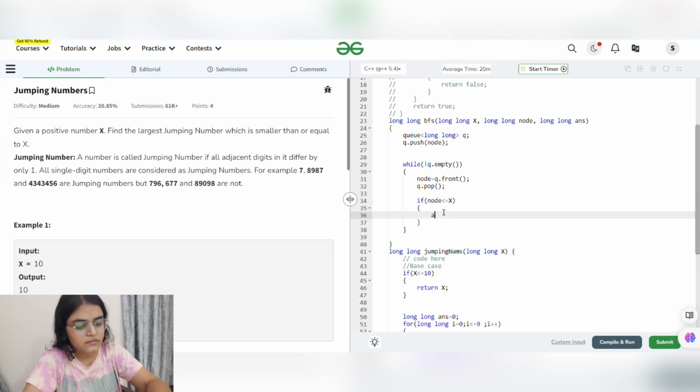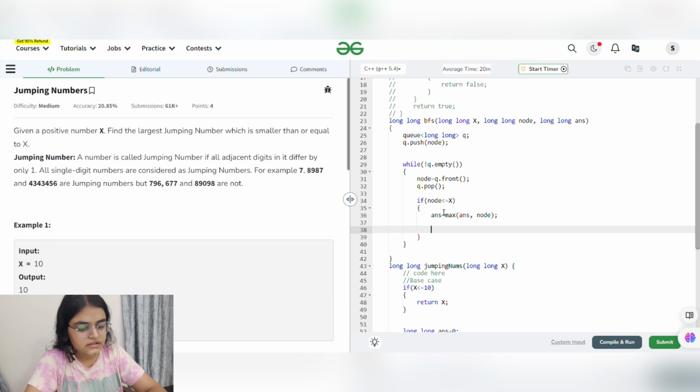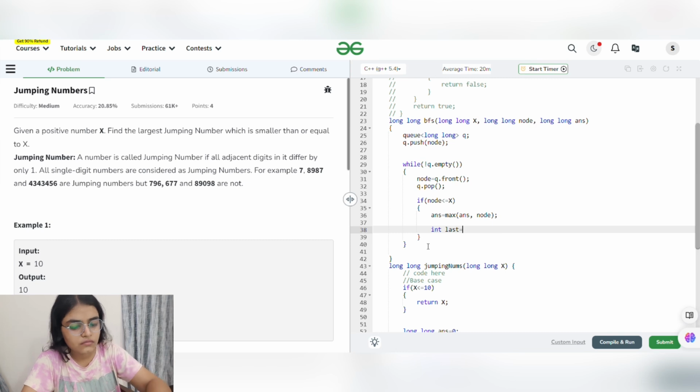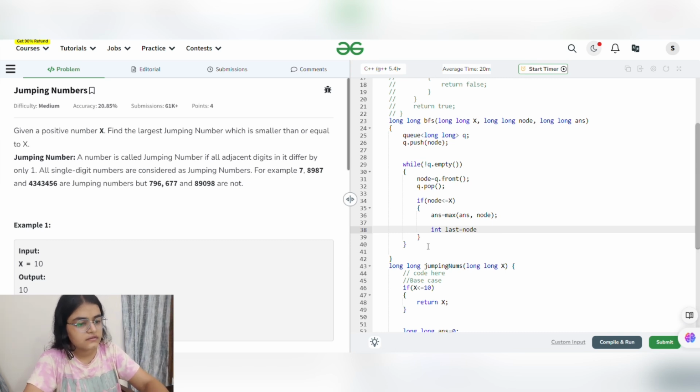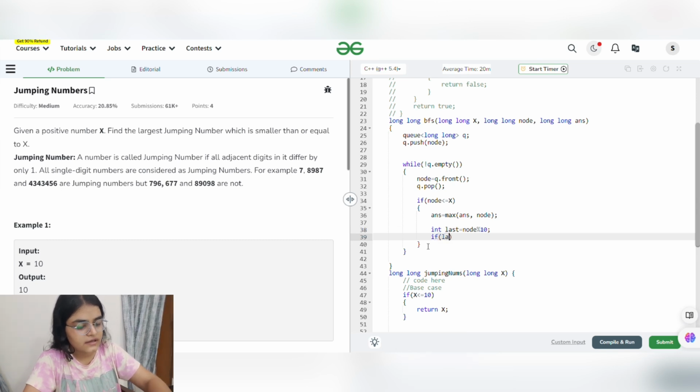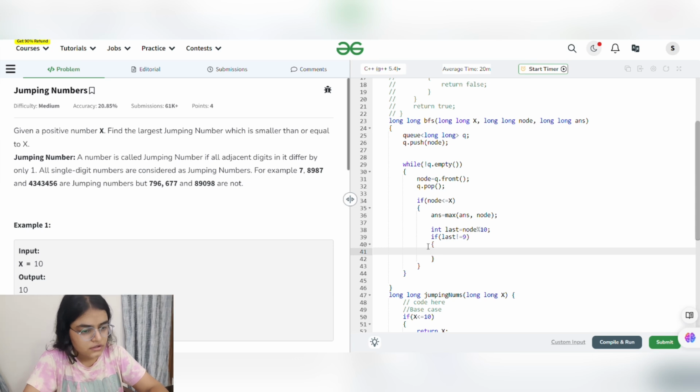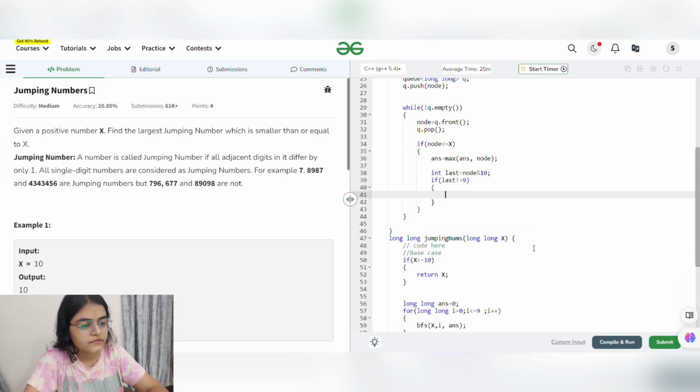Answer is equal to max of answer comma node. Extract the last digit, which is node modulo 10. If last is not equal to 9, then what we have to do, for 9 we don't take the plus case, so only the minus case will be mentioned here.